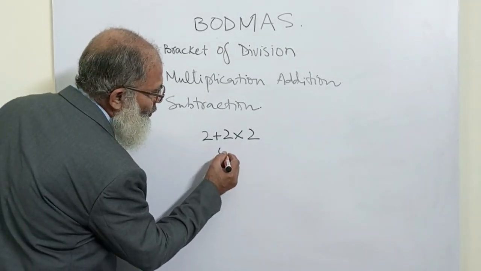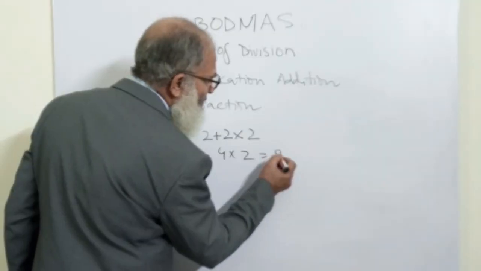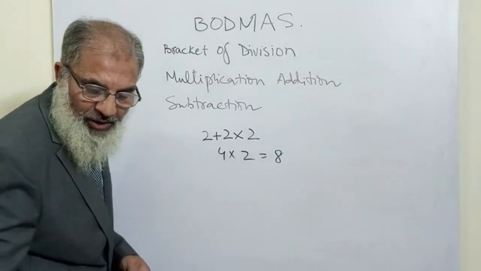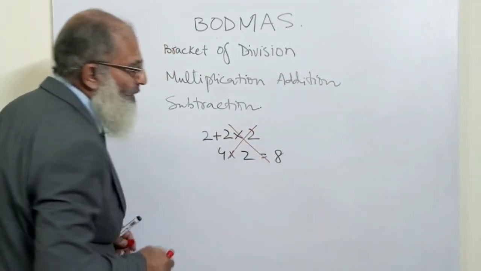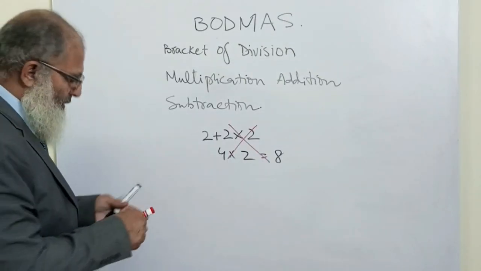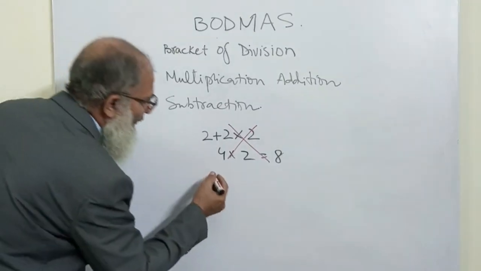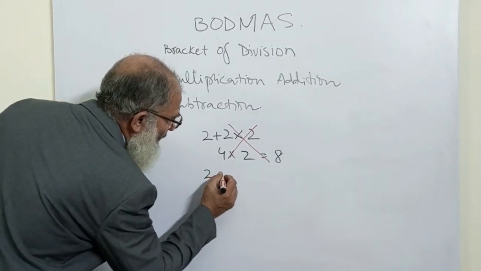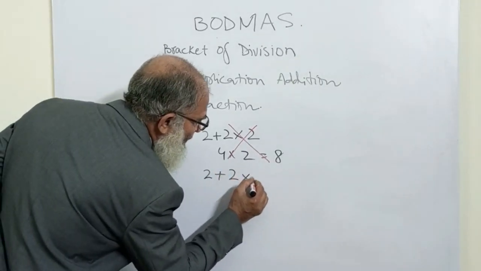What I do is 4 multiplied by 2, it becomes 8. Dear students, this is wrong. This is a big cross, because the merit is this, and you have to multiply it before going to addition.